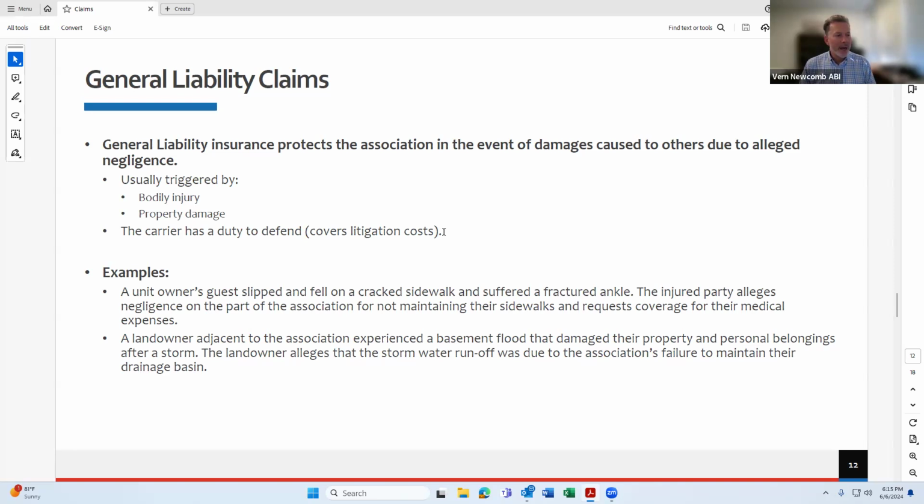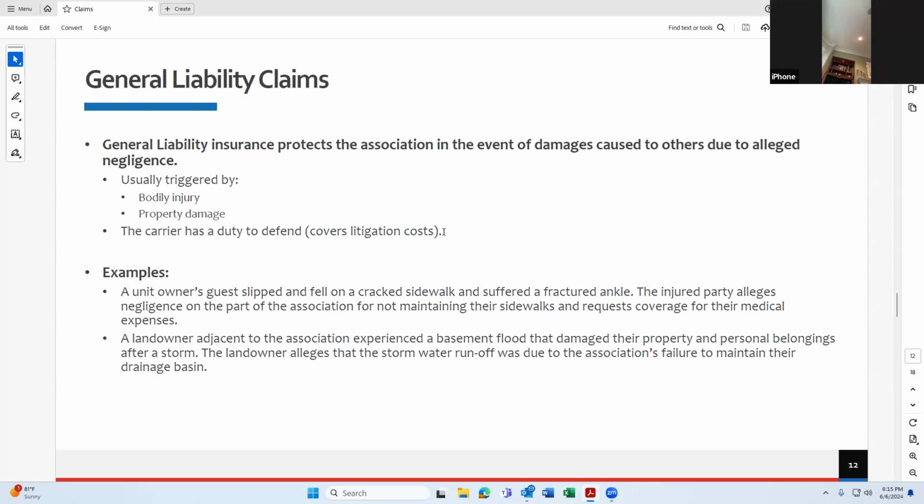And let's talk about property damage claims. That can be an example, a tree. The association has a lot of trees on their property. They hire an arborist that comes out every year. The arborist says, you need to remove this tree. And the board is on a tight budget. They say, we'll deal with it next year. All of a sudden the tree falls on someone's car or the neighboring house.